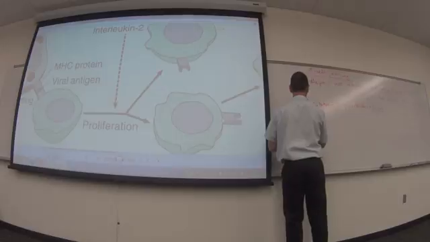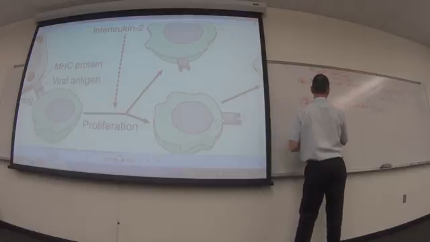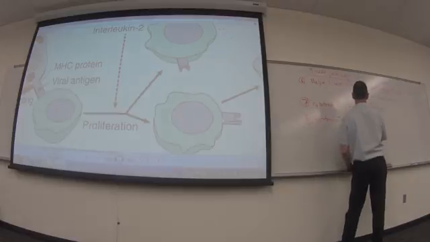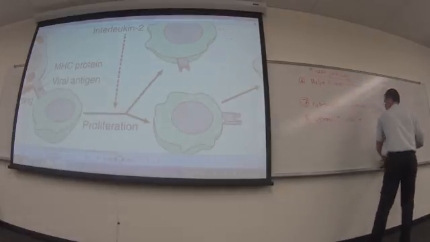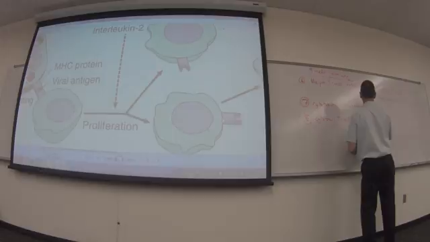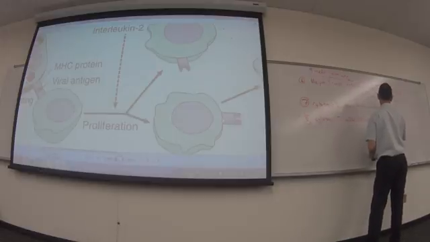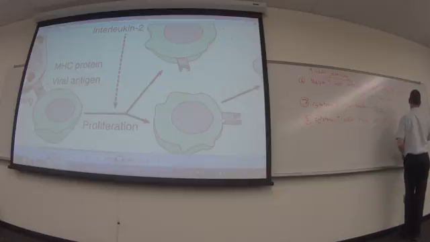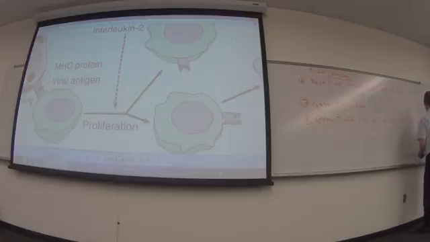Well, let's figure it out. Step number 8. Cytotoxic T cells find all cells with non-self antigens. Which non-self antigen? That specific, the original one from up here.